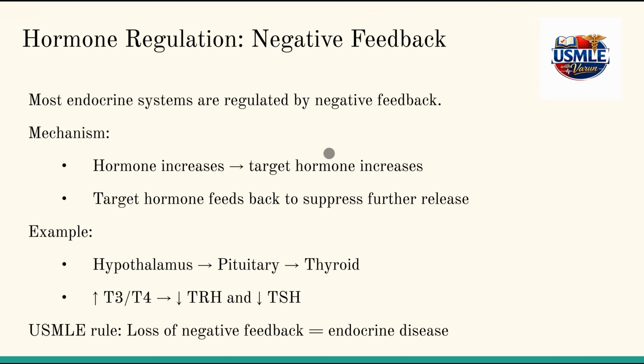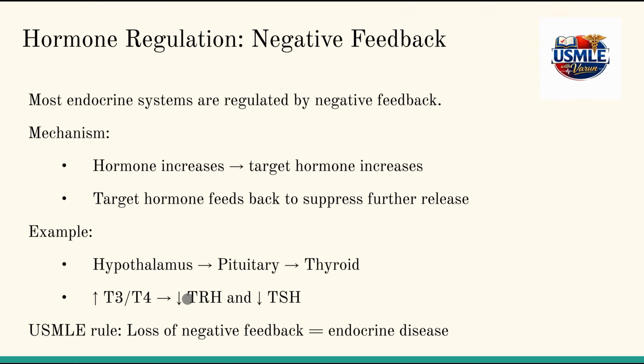When a hormone level increases, the target hormone increases. This target hormone gives a feedback that it needs to suppress further release. So when there's an increase in T3 and T4 levels, there's feedback telling the hypothalamus to reduce the thyrotropin releasing hormone, and this decrease in thyrotropin releasing hormone in turn leads to reduced thyroid stimulating hormone.